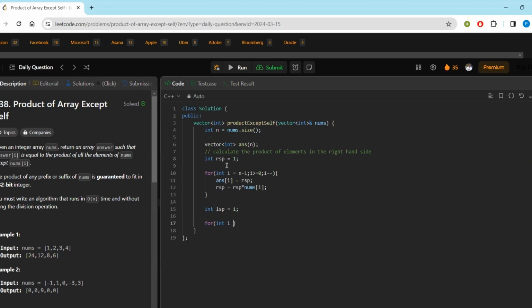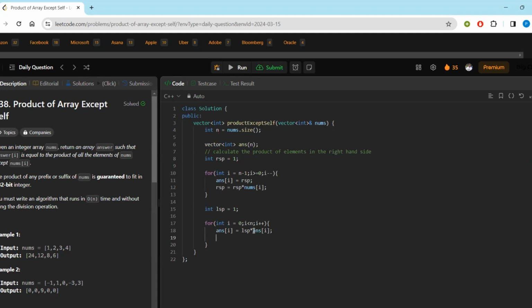For that we will iterate the array from the beginning, and for every index, that is nums of i, sorry, answer of i will be left hand side product into what is present in the answer of i itself.